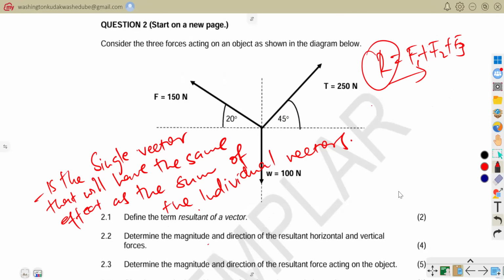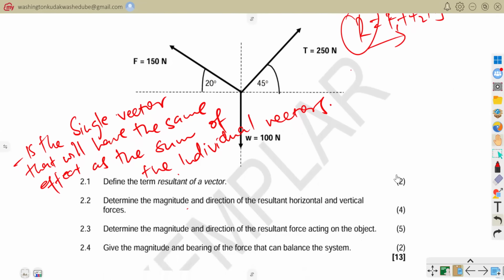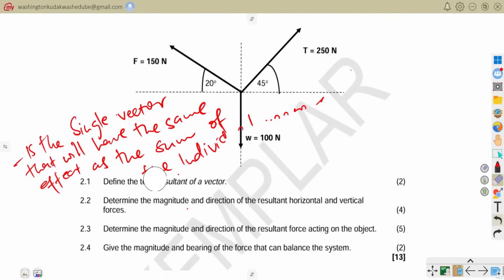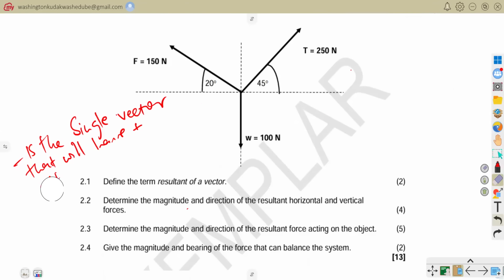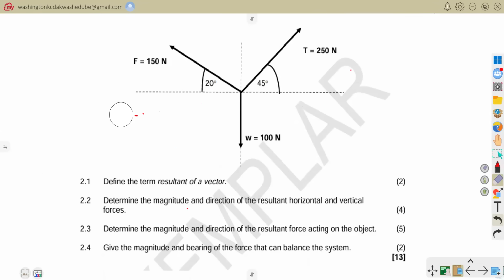Now they are saying, determine the magnitude and direction of the resultant of the horizontal component and the vertical component. So we now need to resolve these into vertical and horizontal components.